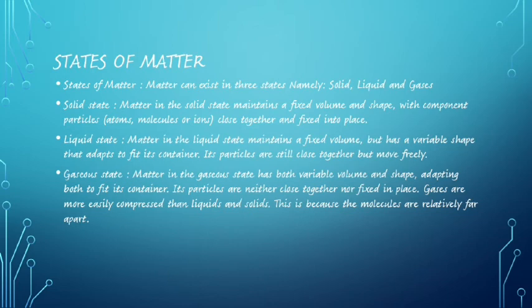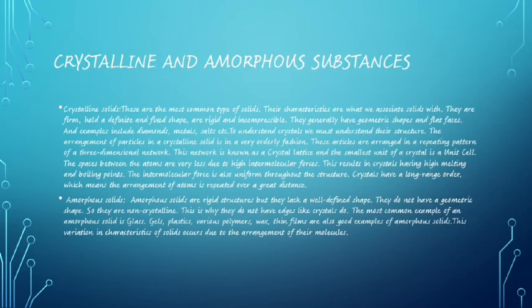Gaseous state: matter in the gaseous state has both variable volume and shape, adapting to fit the container. Particles in this one are not closely packed at all. They are very free, so they move freely in the container.